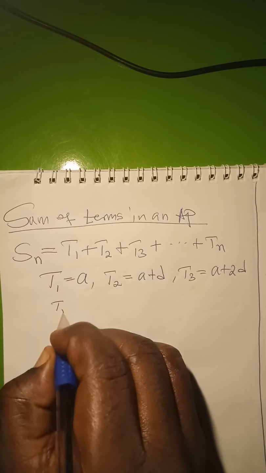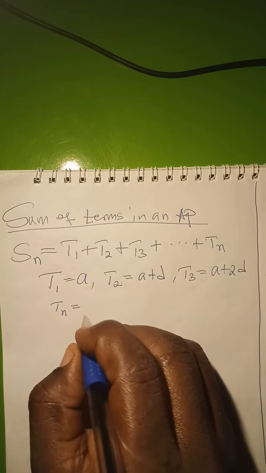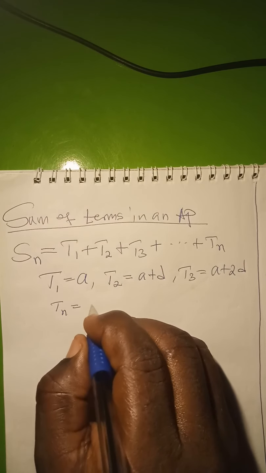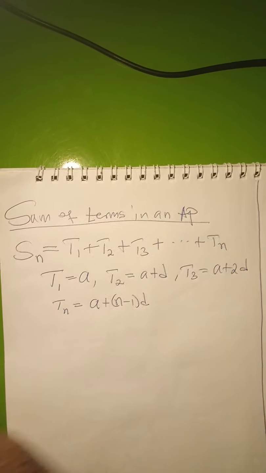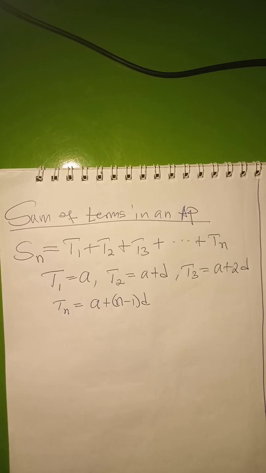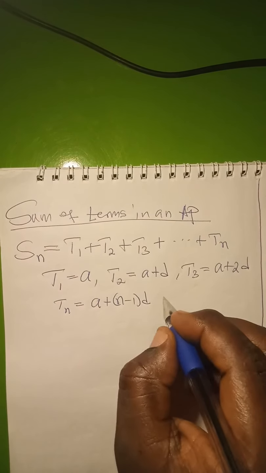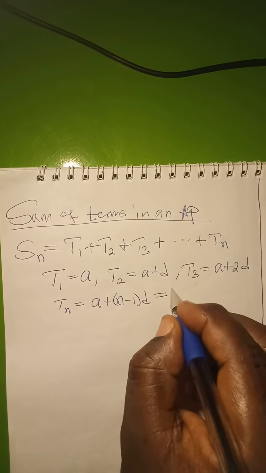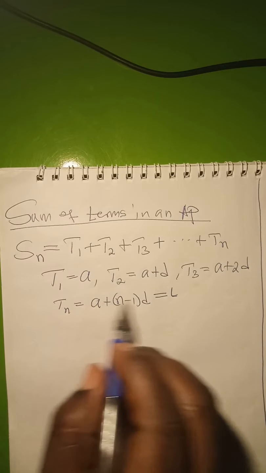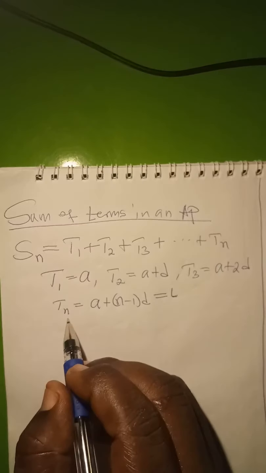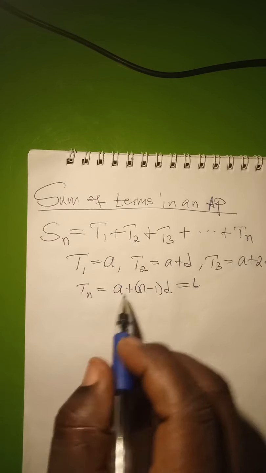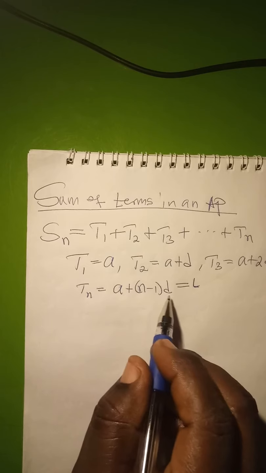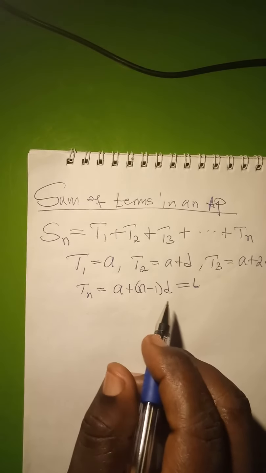Then Tn is the last term, which is A plus n minus 1 times D. But I am not going to write it like that. I am going to use L to mean the last term. If you remember, we always use Tn as the last term. So Tn equals L, and it is also equal to A plus n minus 1 times D. We'll use it at the appropriate time.